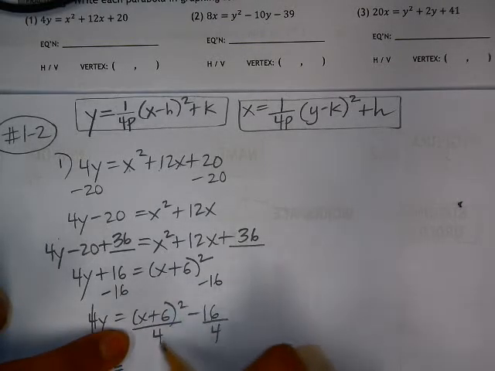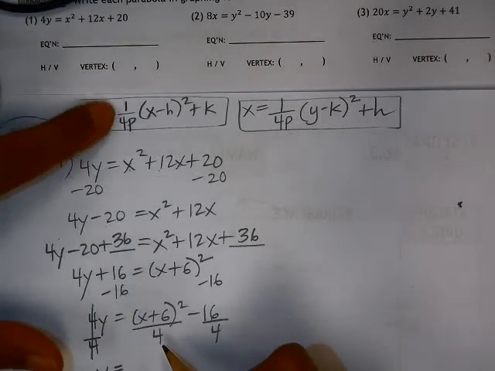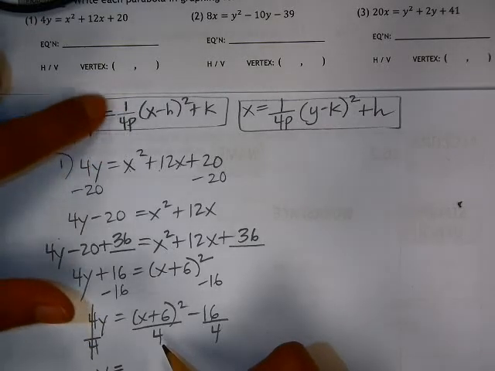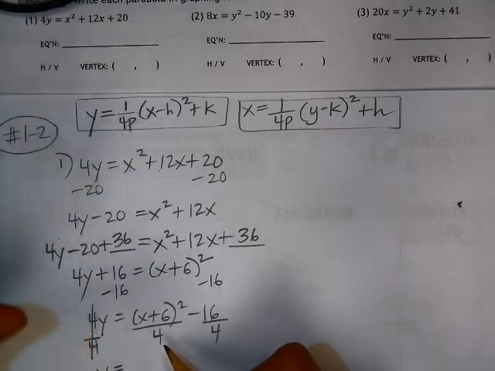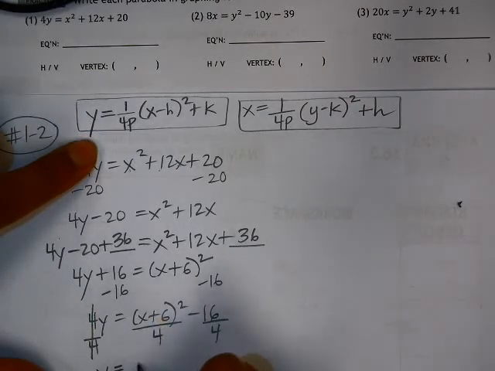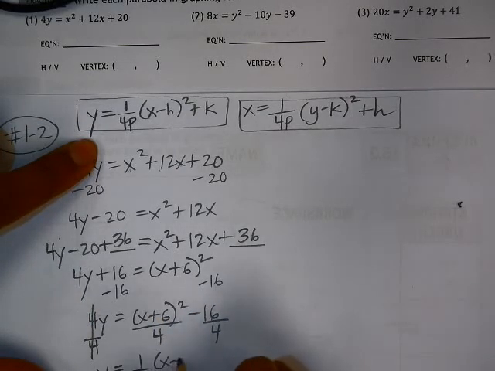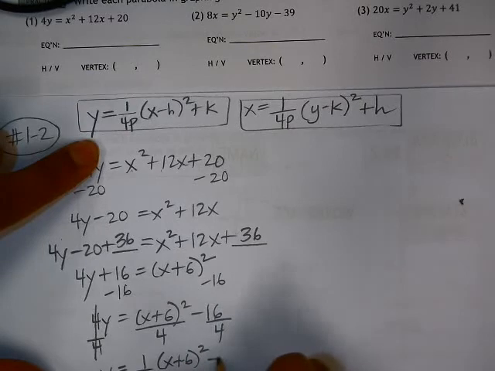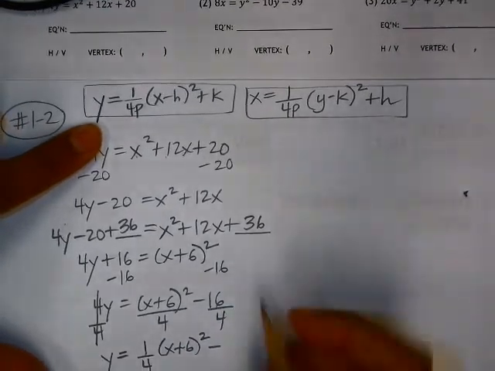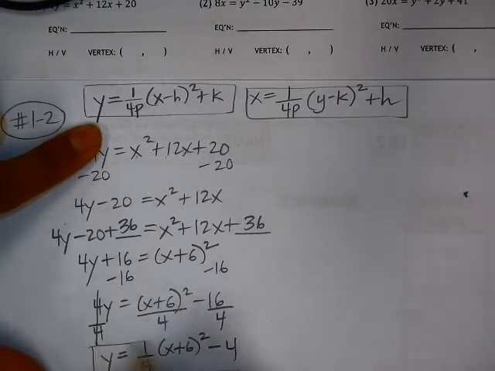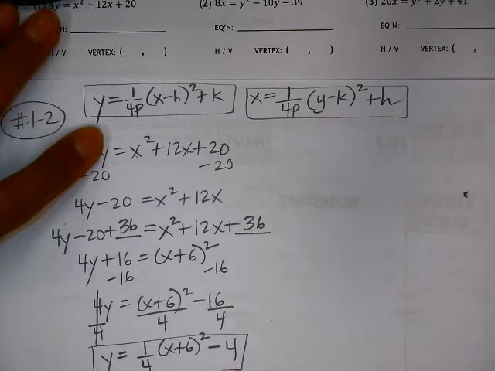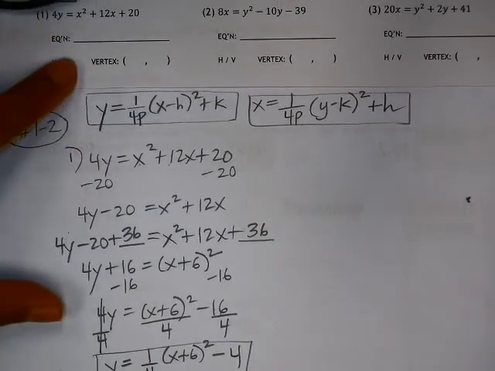Rather than writing it as (x plus 6) squared over 4, let's write the a value, or the 1 over 4p, as a coefficient in front of the (x minus h) squared. So this would be 1/4 (x plus 6) squared minus 16 divided by 4 is 4. So we now have it in graphing form. So let's go back and fill that in up here.